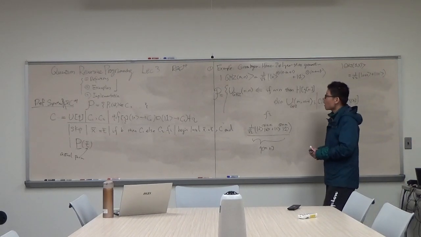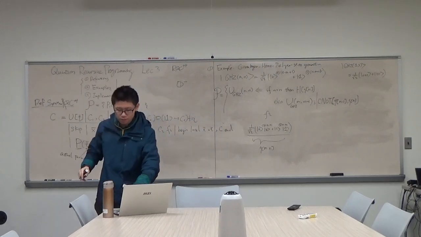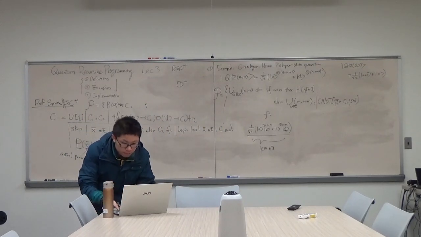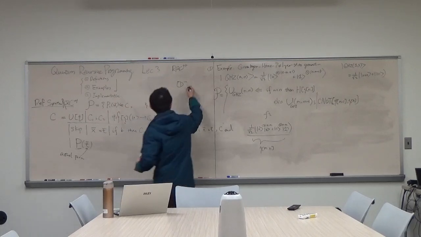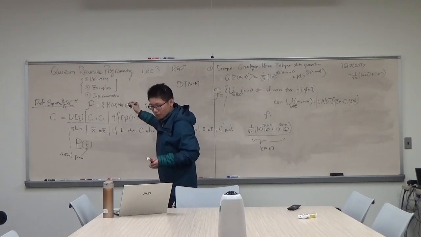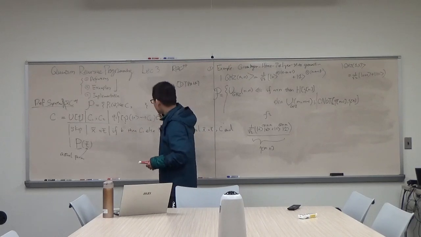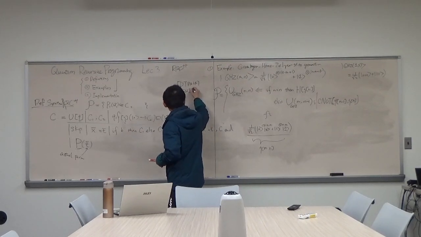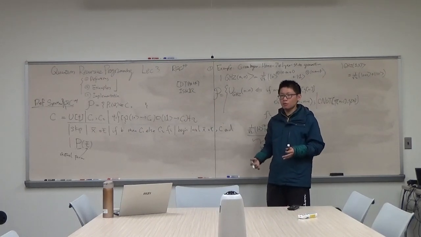For example, in one paper by the team at the University of Maryland, they defined a language that allows a description of classical recursion.